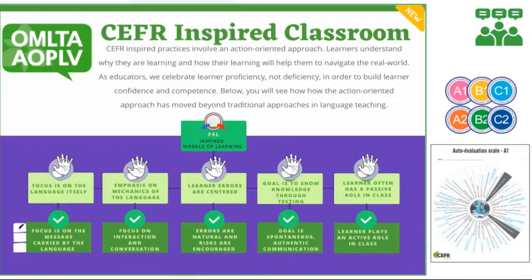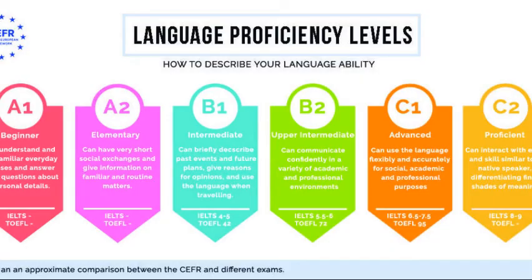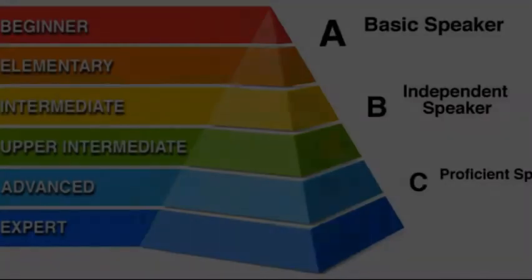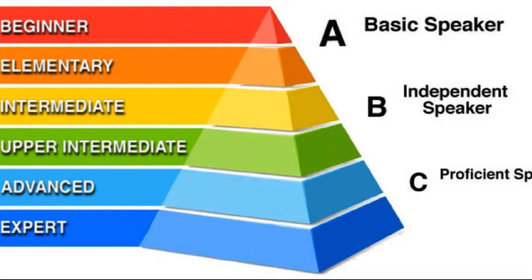Learner proficiency, based on the principles of the Common European Framework of Reference, can be assessed using the CEFR Proficiency Levels. The 6 proficiency levels within the CEFR are A1, A2, B1, B2, C1, and C2, with A1 referring to the beginner learner of the language.